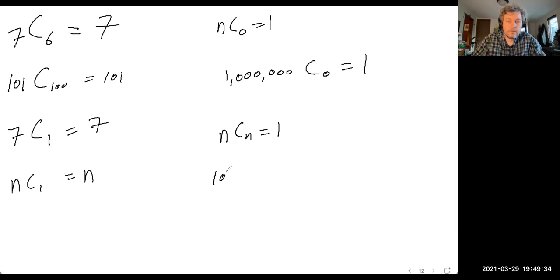So 100 choose 100 is just 1. So there's some symmetry, and that should help when you're calculating these things. You can kind of see the symmetries. Hopefully that will help.